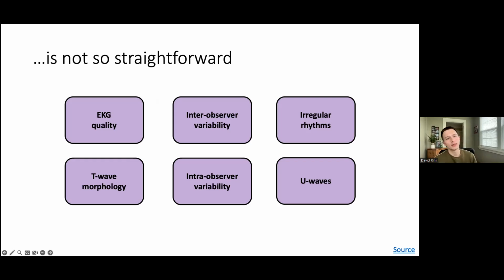So when we have a noisy baseline, or the patient's moving or something like that, we may not be able to as easily measure the QTc. Similarly, irregular rhythms, abnormal T-wave morphology, and the presence of U waves all present challenges in how we should measure the QTc. And then there are the less obvious and less easy to quantify differences among and within observers and how they actually measure the interval.